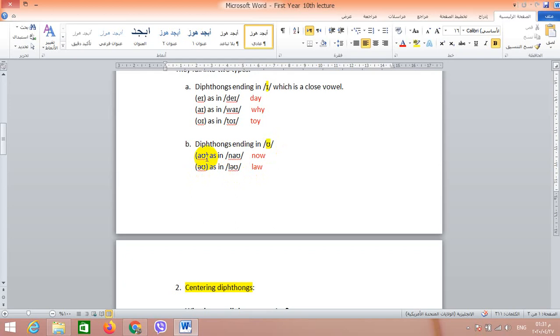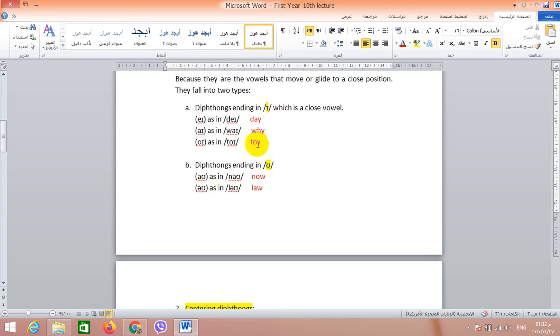Also the second part of the diphthong is U. It means we have a movement from this vowel to the U. These are the five closing diphthongs, three ending in E, two ending in U.